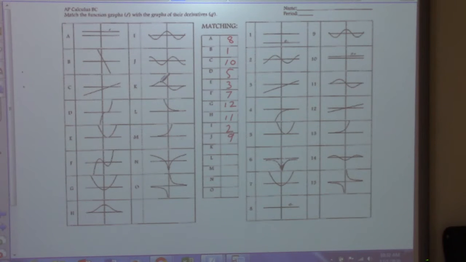Where do we see positive right at the beginning, and then negative from here to about here? 14? 14, yeah, that's probably the only one, right? Yeah. Let's put 14 here.